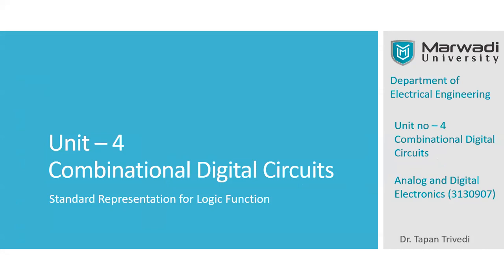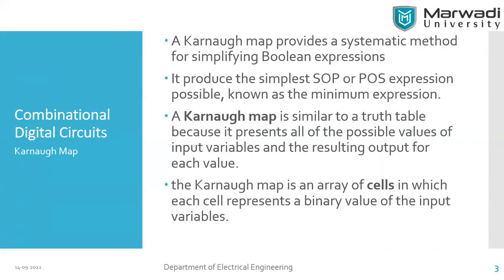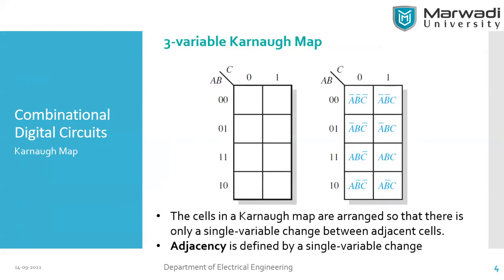In the previous session, we have studied about Karnaugh map of sum of product. I will quickly revise some of the concepts. So we studied about the definition of Karnaugh map. It's an array of cells in which each cell represents a binary value.